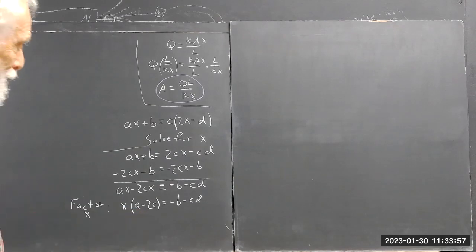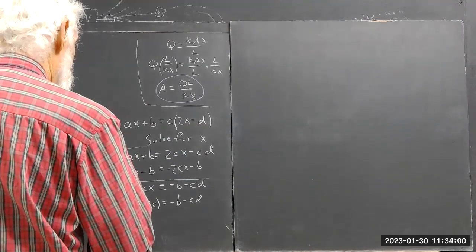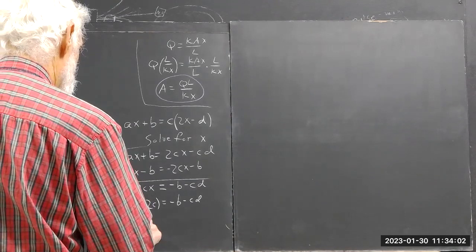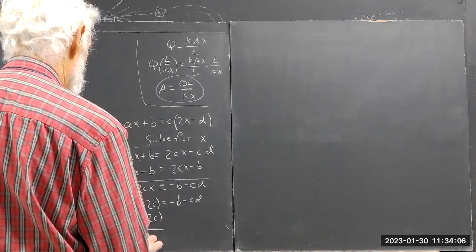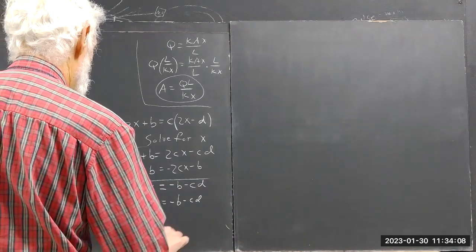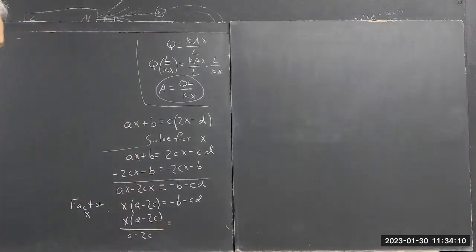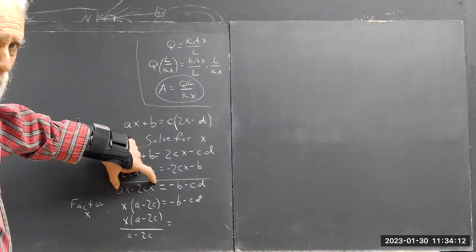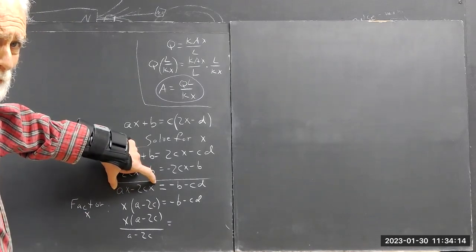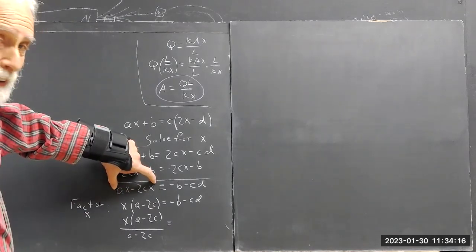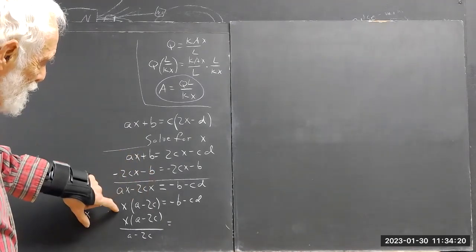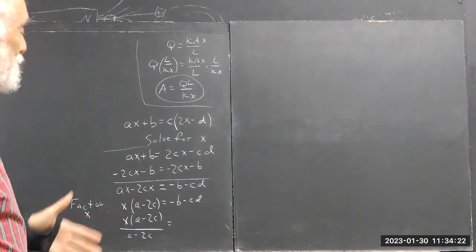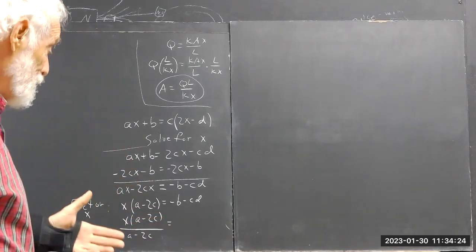So now we divide by A minus 2C over A minus 2C. If we have it here, it's not clear that you can divide by A minus 2C. You don't even want to do it, and you didn't. As soon as they said, well, factor out the X, then we made it. Then you know what to divide by.